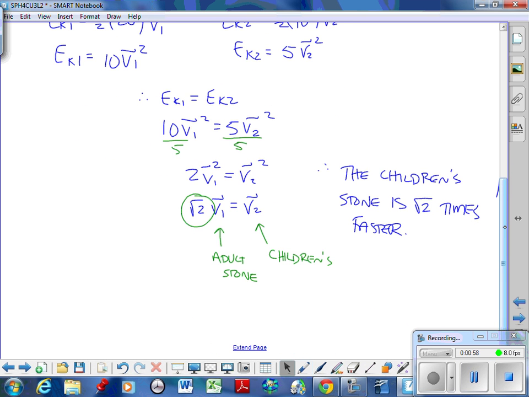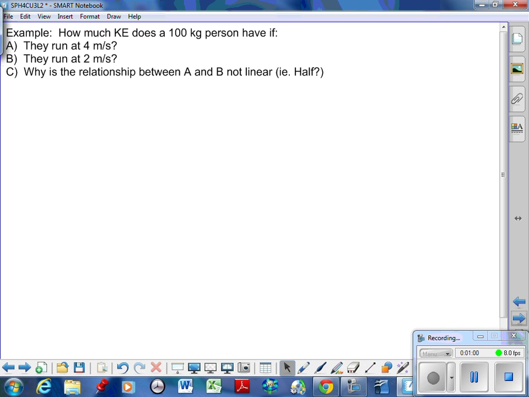All right, so the final example. How much kinetic energy does a 100 kilogram person have if they run at 4 meters per second? All right, so we're just using that formula for kinetic energy, 1/2 mv squared, 1/2 100 kilogram person. We're going to run at 4 squared.